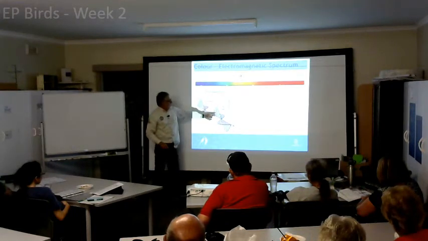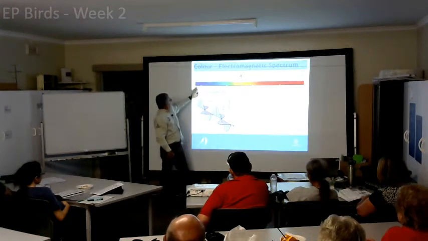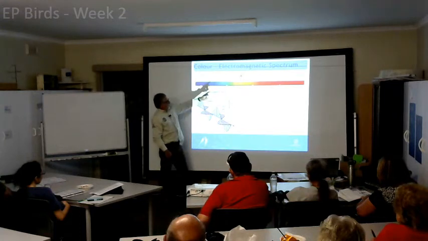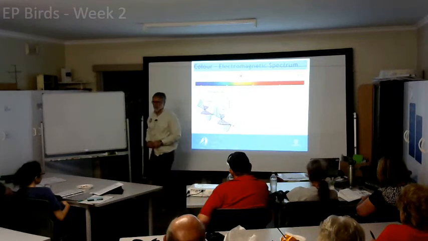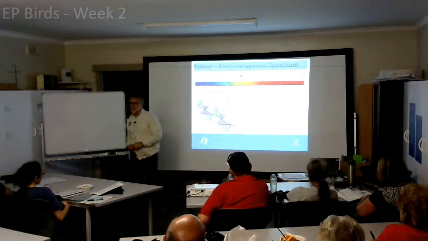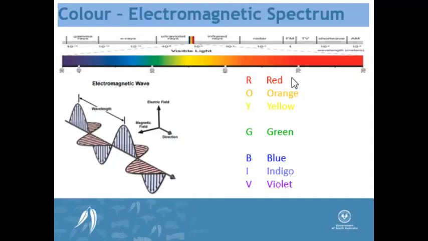The bit that we're interested in at the moment is everything from blue through to red. And do you remember your old way of remembering it? Roy G. Biv? That mnemonic? So red, orange, yellow, green, blue, indigo, violet, colours of the rainbow. We have the ability to detect three colours of light.